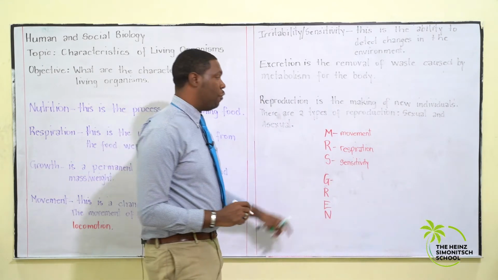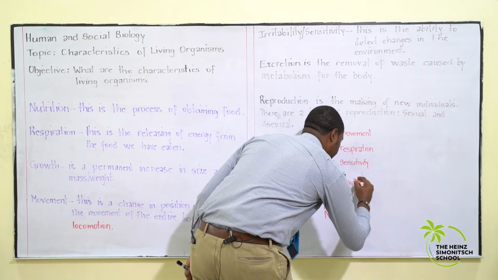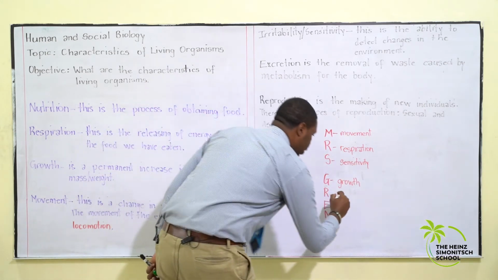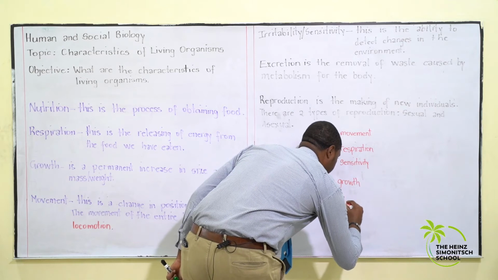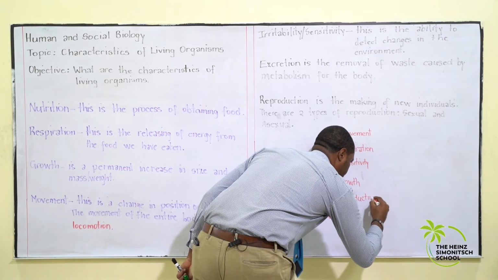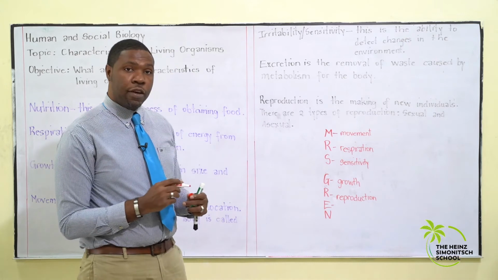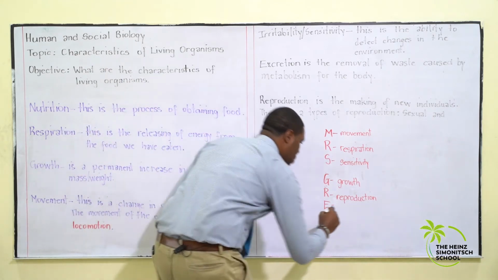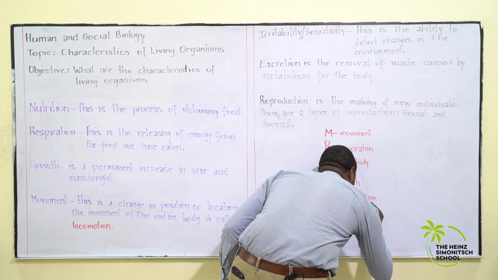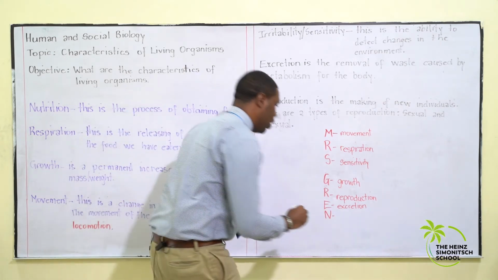G will stand for growth. R stands for reproduction. E stands for excretion. And N, you guessed it, nutrition.